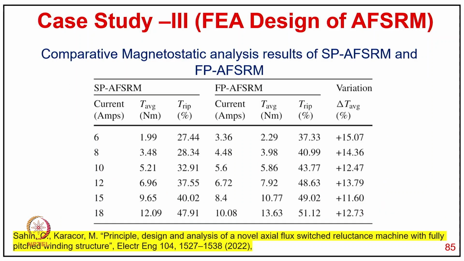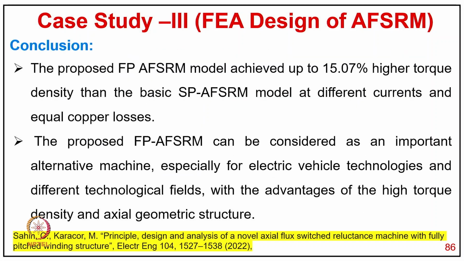And the comparative magnetohysteric analysis, typically how in the case of full pitch and short pitch winding, the torque ripple reduces with full pitch winding, and how the average torque percentage changes corresponding to that.